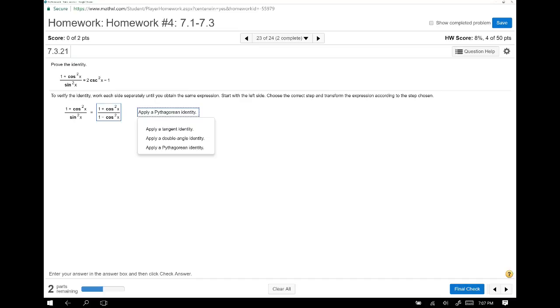I'm looking at the double angle identities, and there's definitely no double angle identities for this one that even come close. So it's gotta be... But if you remember back in the problem we just did, if it turns into cotangent, it says apply a cotangent identity.